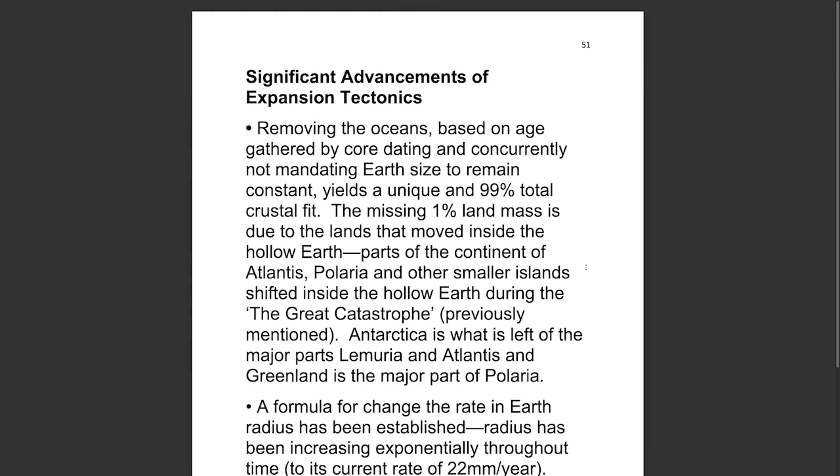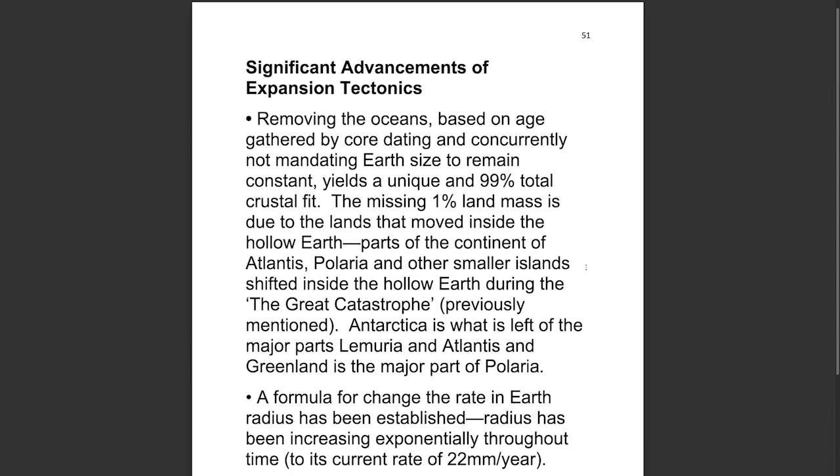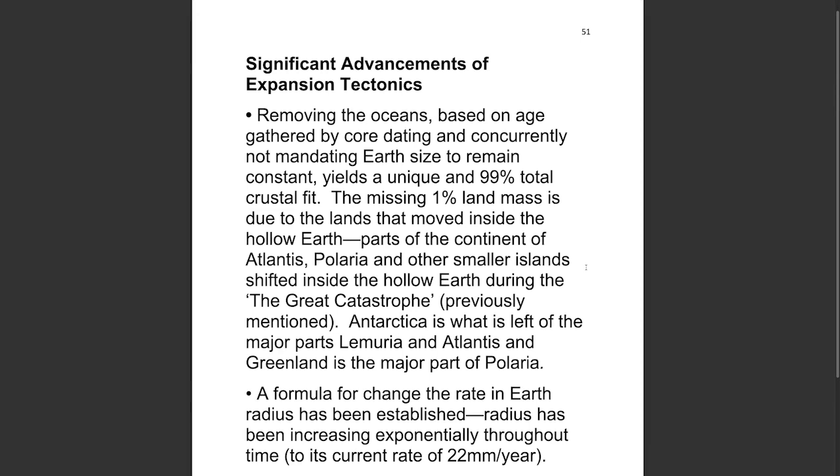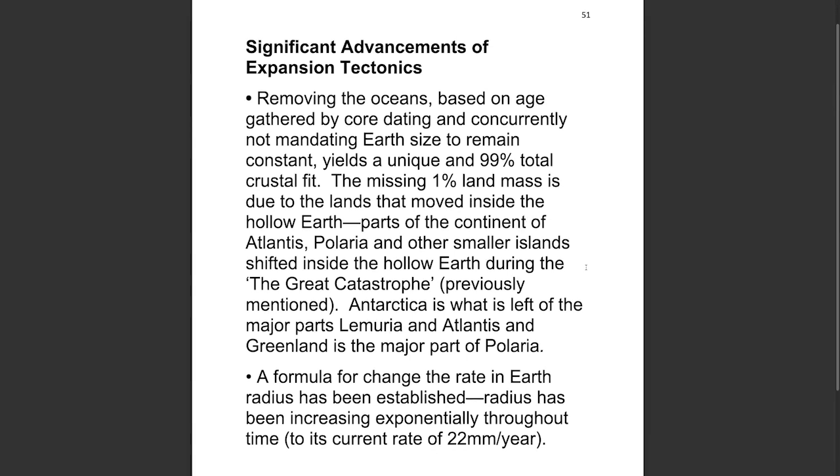The missing land mass, 1%, moved inside the hollow Earth, as I previously stated: Atlantis and Polaria and parts of a few other small islands. The Great Catastrophe previously mentioned is the reason for all of that. Antarctica is what is left of the major parts of Lemurian Atlantis, and Greenland is the major part of Polaria. Under all that ice, you're not going to find much left anymore.